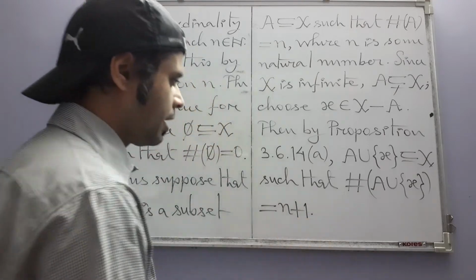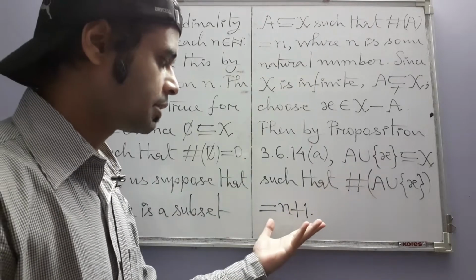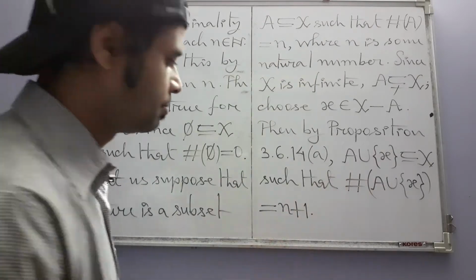So, having assumed that there is a subset of cardinality n, we have produced a subset of cardinality n plus 1.